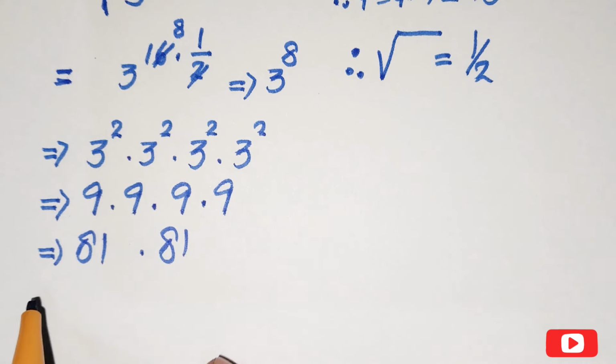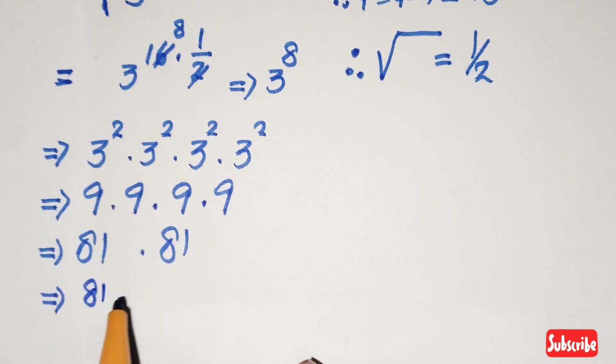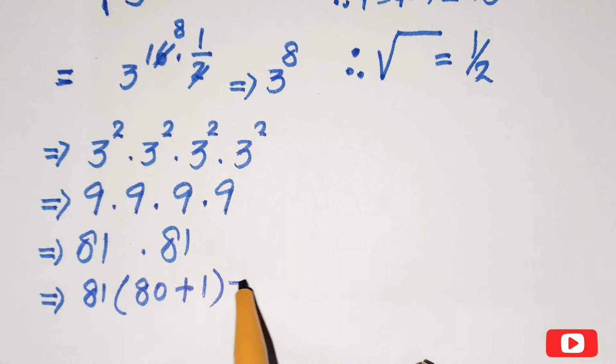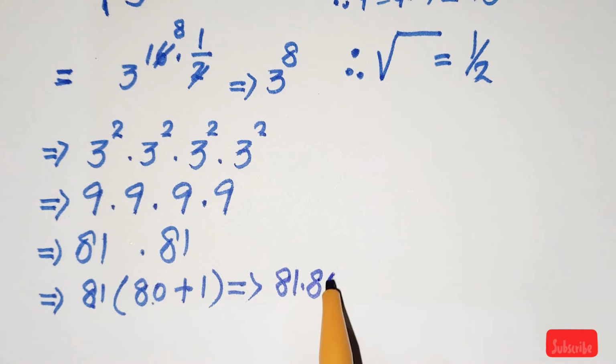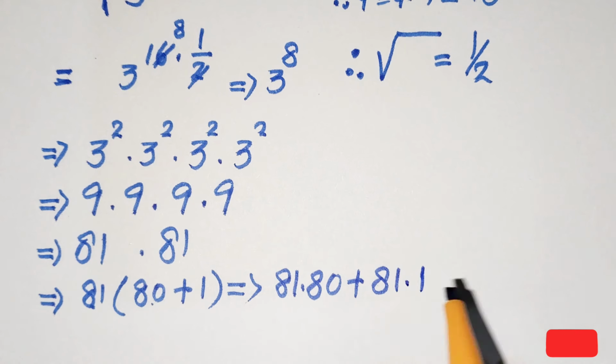So it is also 81, and when we multiply this, we get the answer. But we can also use an easy step like this. If we write 81, it is 80 plus 1. So we get 81 multiplied by 80 plus 81 multiplied by 1.